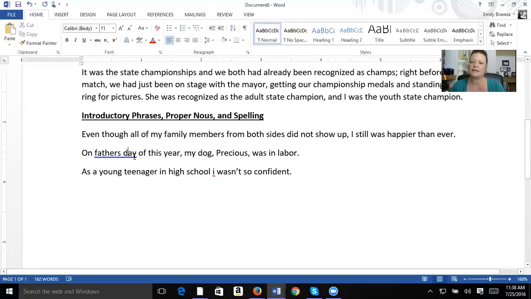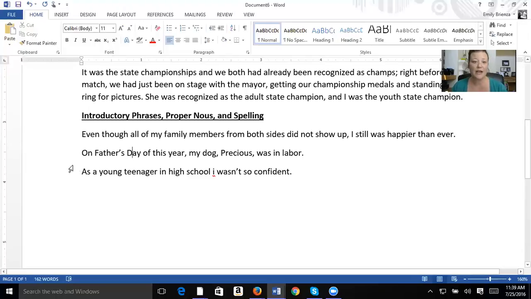However, notice Word has it underlined, and that's because this is a proper noun. So Father's Day, we need the apostrophe to show that it belongs to something, but again, it's a proper noun, so it needs to be capitalized, just like Christmas or Thanksgiving or Mother's Day. Those things are titles, so they do need to be capitalized.